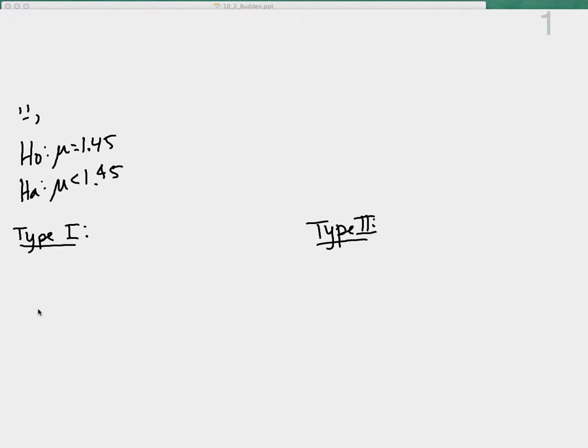Type 3.1415. Okay, so a type 1 error means that you reject the null, but the null was true.